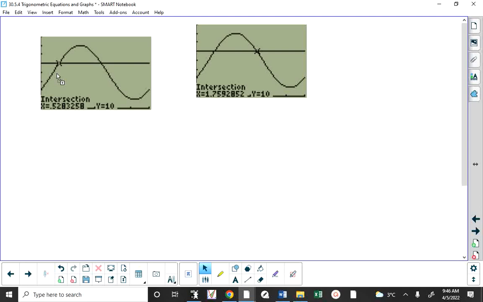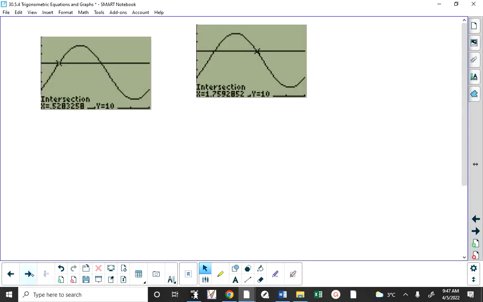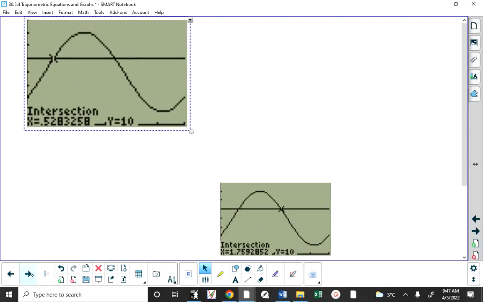Now let's look at, just hang on to your question for a second, Ian. Let's look now at what the question says. It says over all real numbers. Okay? So let's talk about this solution here. This has a solution of 0.528328 because it's where that periodic graph is intersecting the line y equals 10.